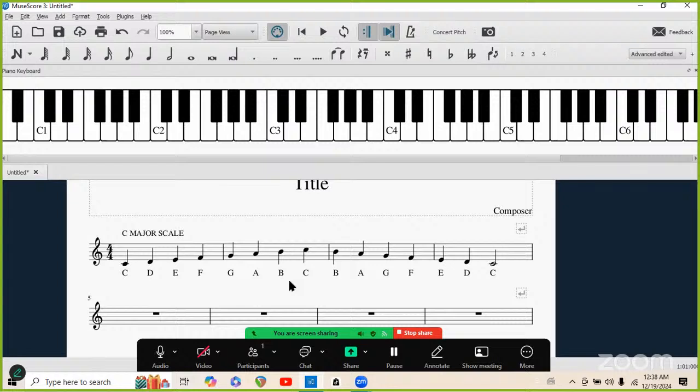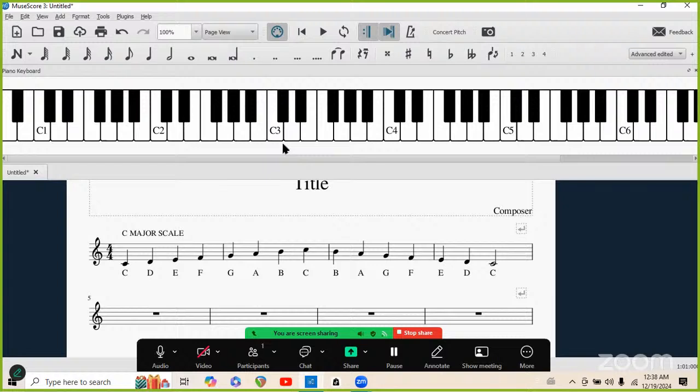Now, for each note, we can also play a chord. Now, what is a chord? A chord consists of more than one note being played at the same time. And one of the simplest forms of a chord is a triad.